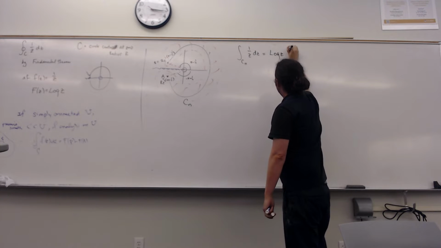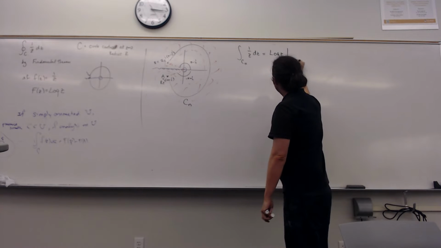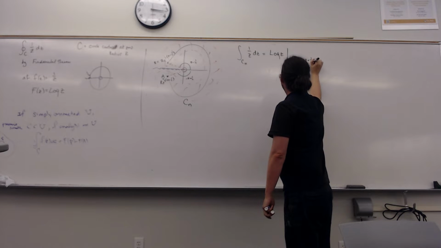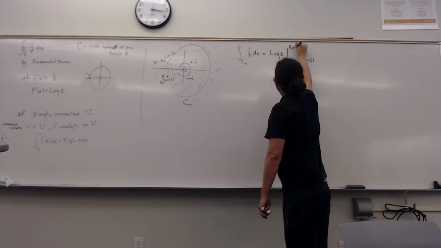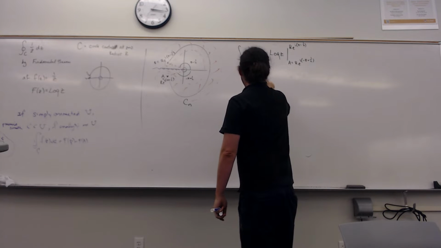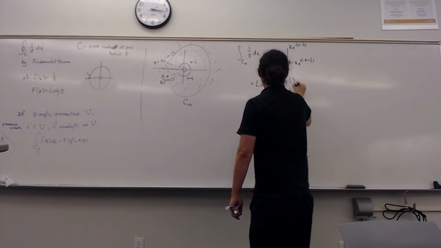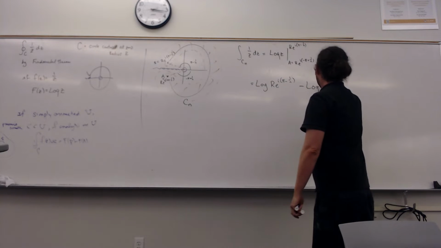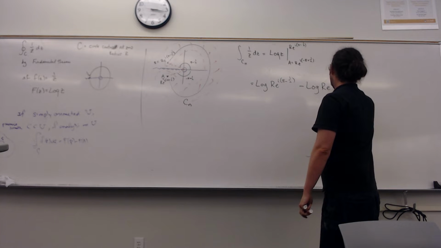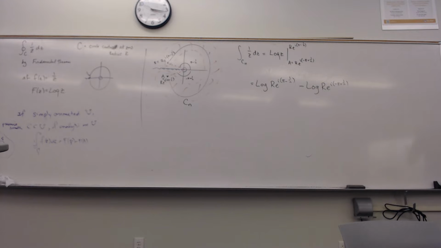And that's going to be evaluated, using the old calculus notation here, from A, which is r e to the i (minus pi plus 1 over n), to r e to the i (pi minus 1 over n), which is log of r e to the i (pi minus 1 over n) minus log of r e to the i (minus pi plus 1 over n). That's all legit. I can do that. Everything was analytic and well-defined. I've stayed away from the branch cut of the argument.